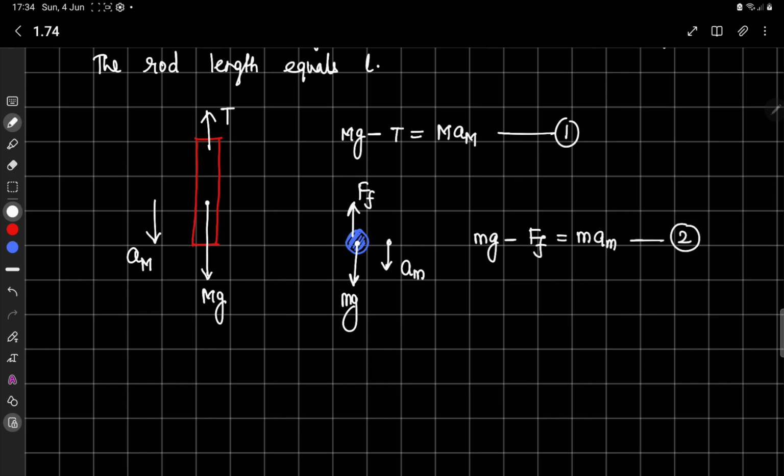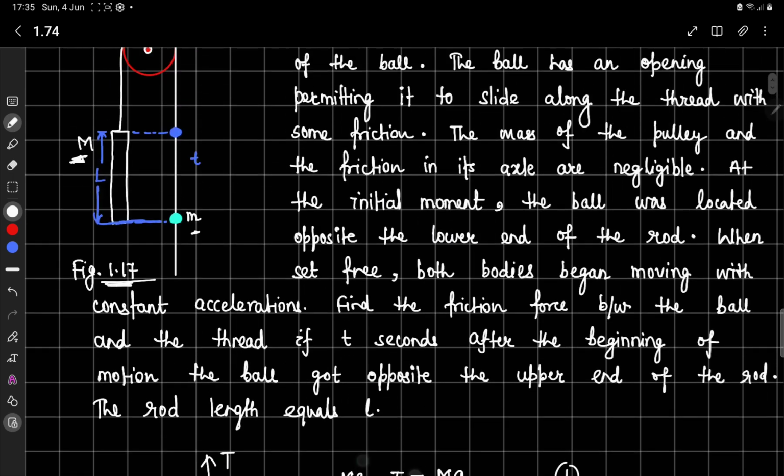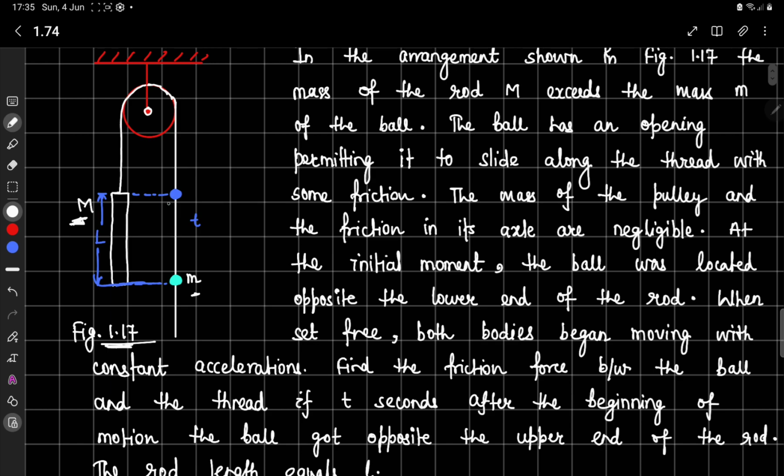Now we have the variables A_M and small a_m, and we have the variables capital F and the tension force. Let us draw the free body diagram of the thread. Let us cut the thread from here.